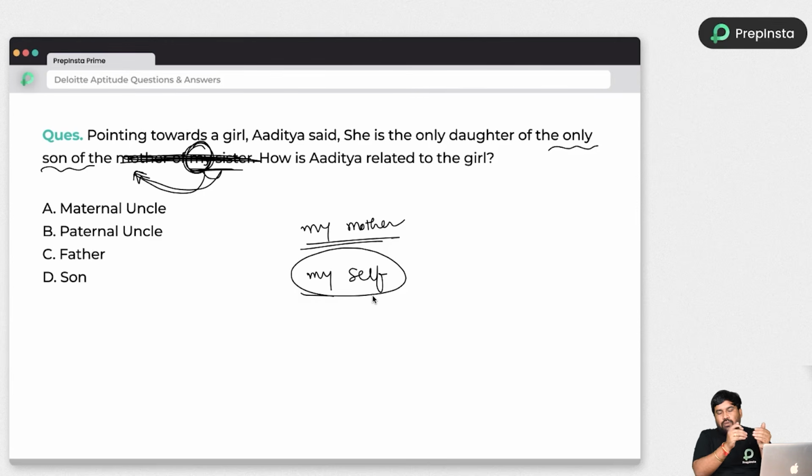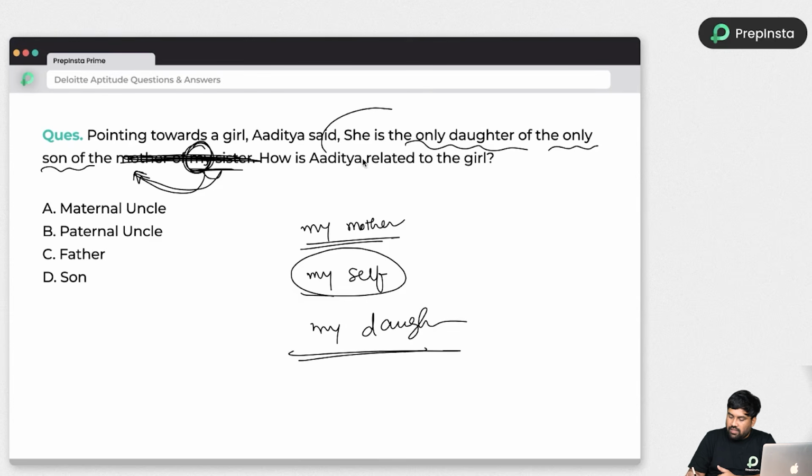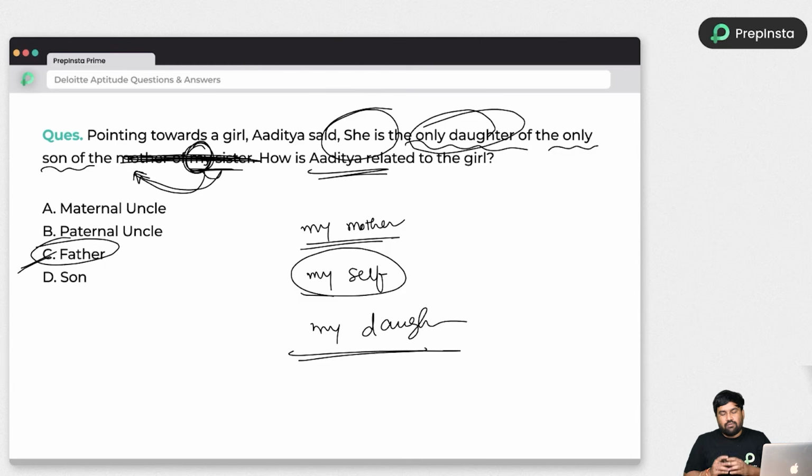See, this is how you need to break the chain. So my sister's mother is my mother. My mother has only one son, that is myself. And only daughter of myself is nothing but my daughter. She is my daughter, he is saying simply. So father and daughter. So how is Aditya related? Father. That's it.